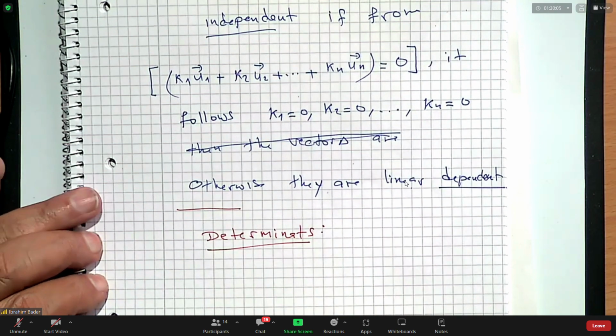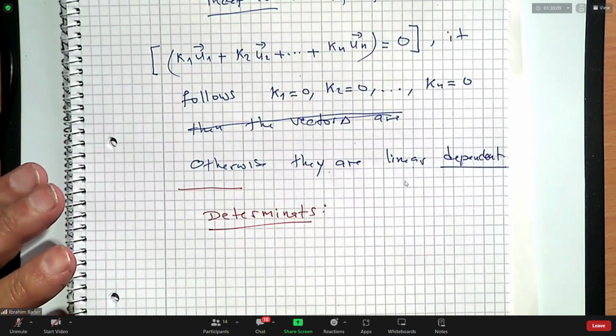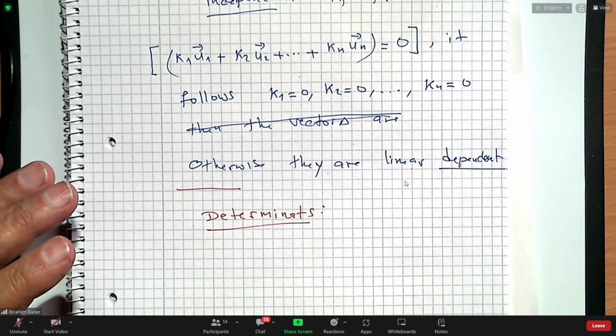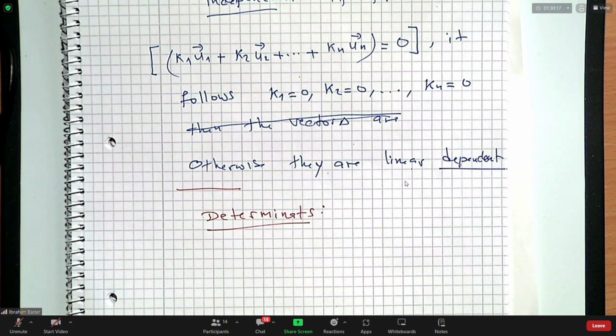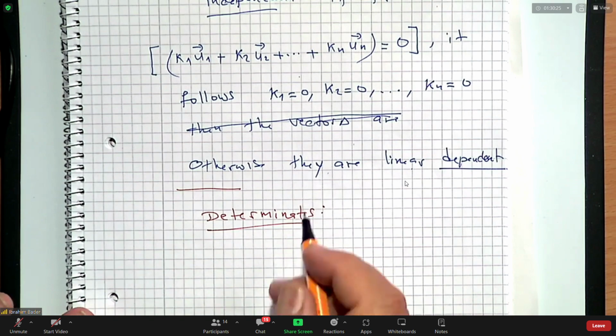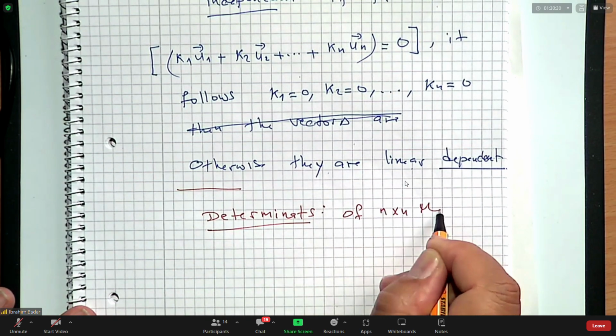Anyone who worked with determinants? So determinants correspond to matrices, of n by n matrices.